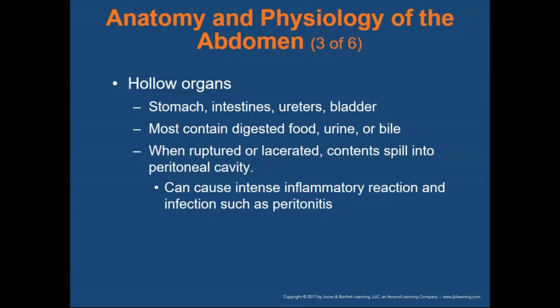That causes an inflammatory response and can cause infection. Just the initial response to that fluid on the peritoneum, that lining of the abdominal cavity, that irritation can cause rigidity when you palpate the abdomen. So we're going to find this when we assess these patients.